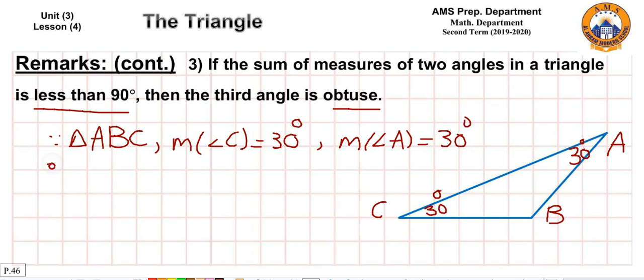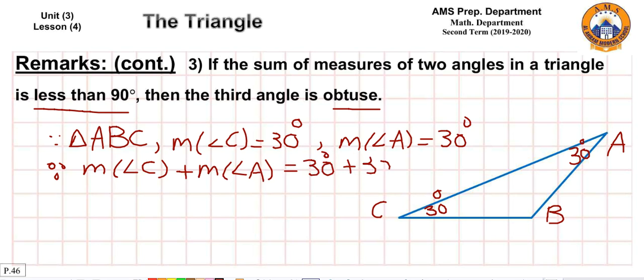So we will find the sum of the two angles, measure of angle C plus measure of angle A, which equals 30 plus 30 equals 60 degree. Finally, the measure of angle B equals what?